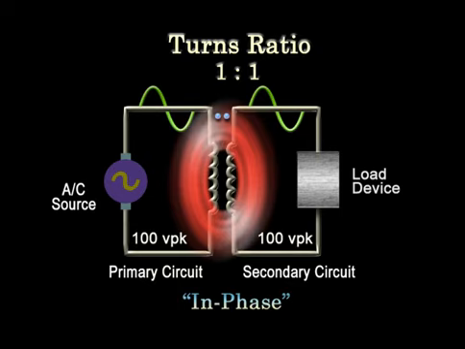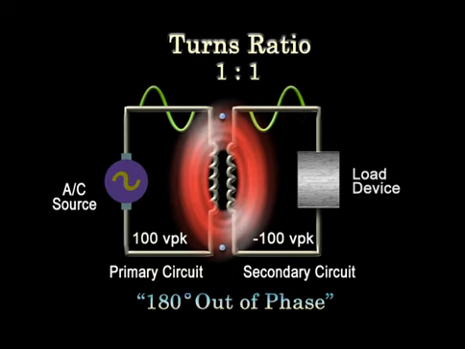In this case, we can clearly see that the sinusoid on the input side is similar to the sinusoid on the output side, with two dot polarities at the top of both windings, which show that the windings are in the same direction, so the voltages are in phase with each other.